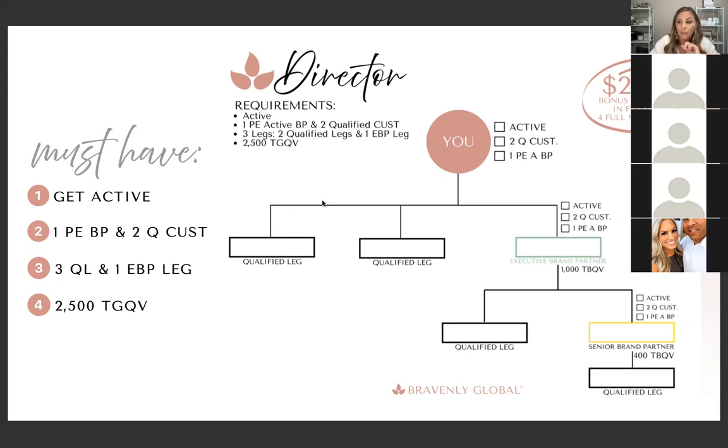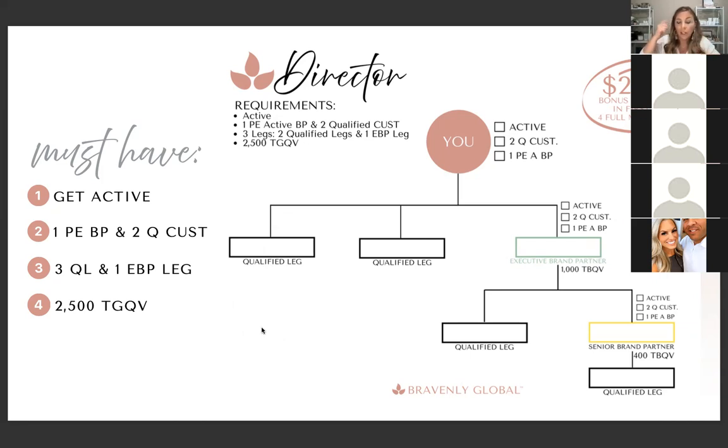Now, I want to tell you, let's say you enrolled your sister. Your sister got in at $49. She enrolled your cousin and placed your cousin on right here. Your cousin got active. Your cousin did the 249 kit right off the bat. Your sister still is not active, hasn't enrolled any customers, hasn't placed an order. Your cousin would count as your qualified leg.